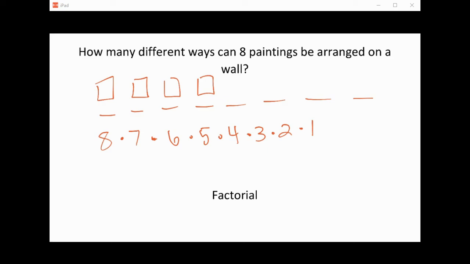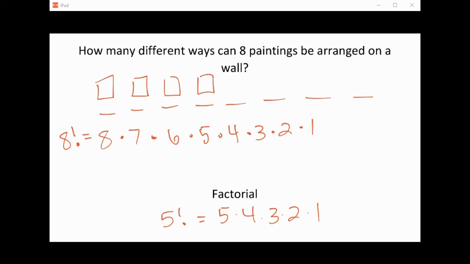And that, my friends, is a factorial. So if you ever see a number with an exclamation point at it, it's not just a really excited 8. It is telling you that you start at 8 and multiply by 1 less all the way down till you get to 1. So 5 factorial would be 5 times 4 times 3 times 2 times 1. That's just what that means.